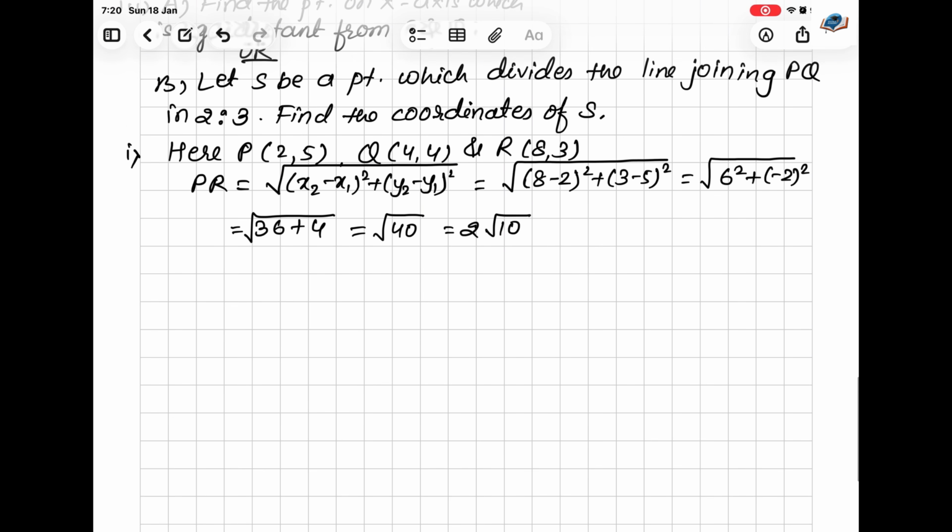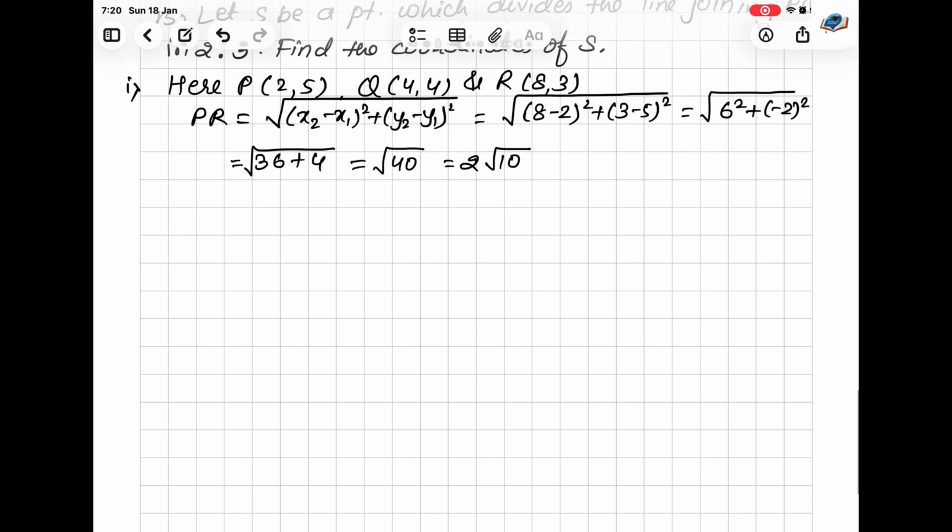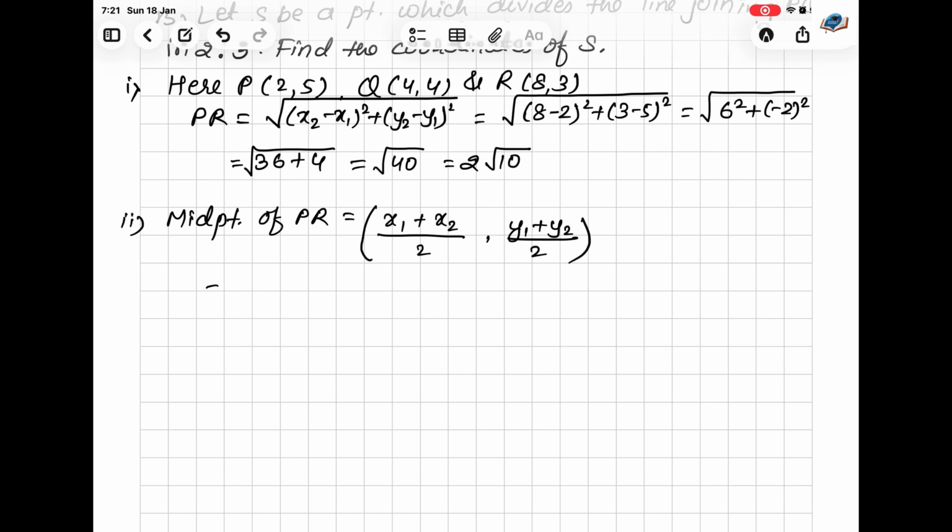Now coming to the B1 or the second one, he has asked me to justify that is Q the midpoint of PR. So midpoint of PR. Now, to find midpoint, I have to use the midpoint formula. So x1 plus x2 upon 2, comma y1 plus y2 upon 2. So if I put the values, 2 plus 8 upon 2, comma 5 plus 3 upon 2.